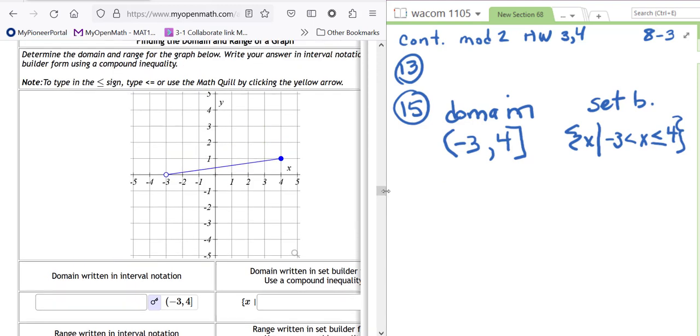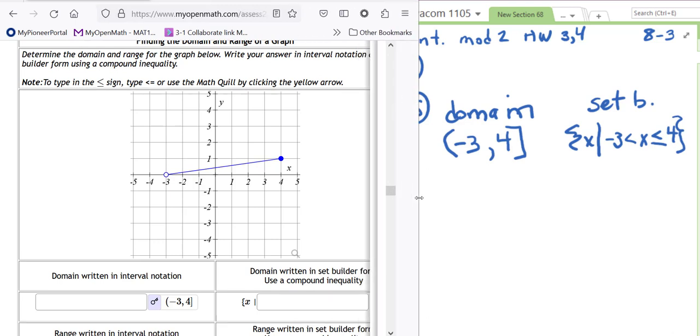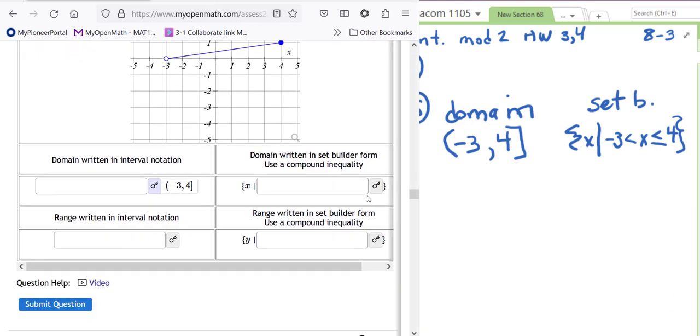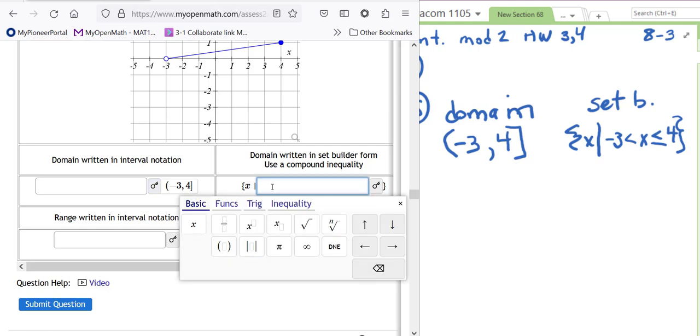Notice on the next one, I'll have to use the keyboard. They have already entered some of that notation, so you do not need to enter the symbols for a solution set or the x or the such that. You just need to enter this rule part. And maybe we should enter that so that you can see it done. Sometimes that is the issue.